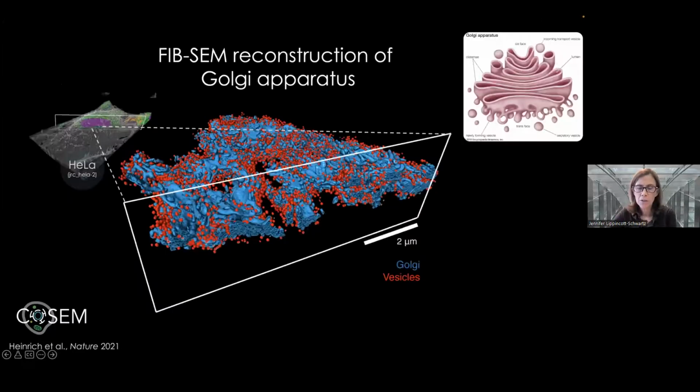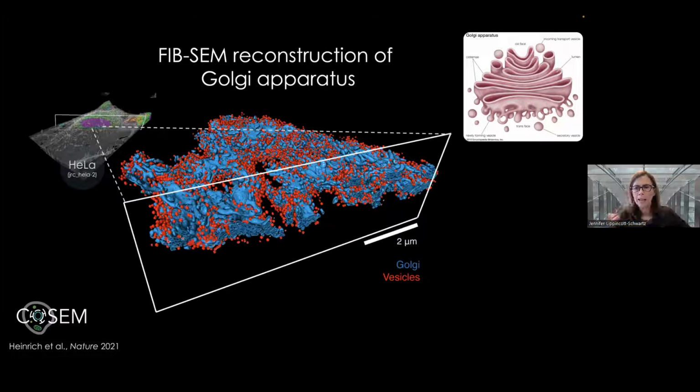Now, here's another example of what pops out from this. Here is the entire Golgi apparatus within a HeLa cell. This was something that I was particularly interested in. In red are vesicles that are surrounding that Golgi. But what I think you can see in viewing this organelle is that it is a huge structure that's spanning many microns in the vicinity of the nucleus.